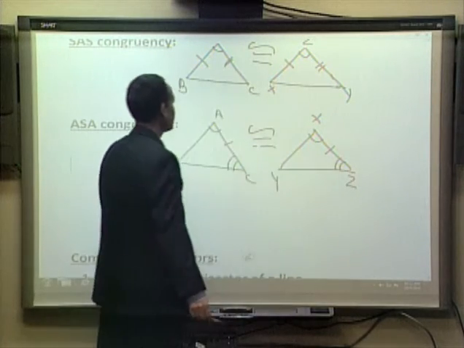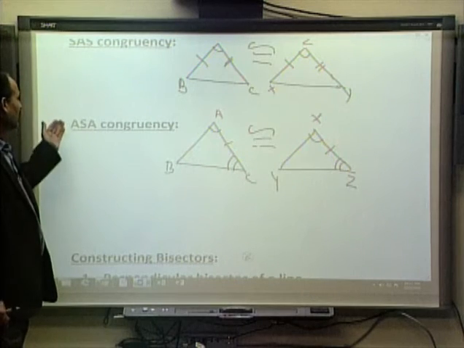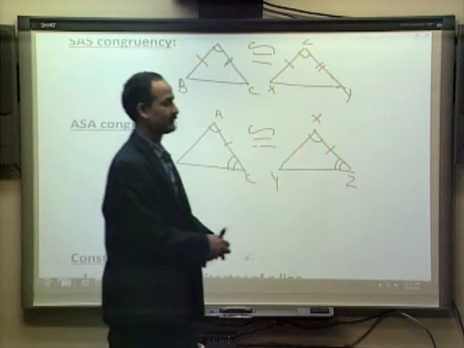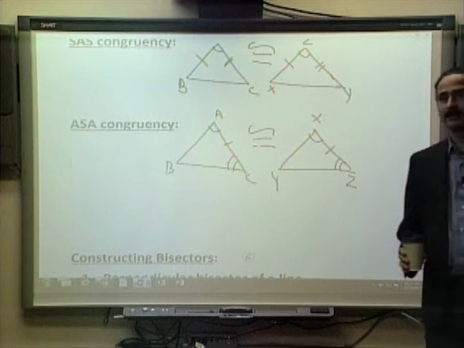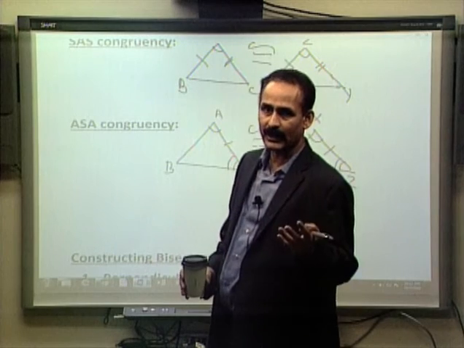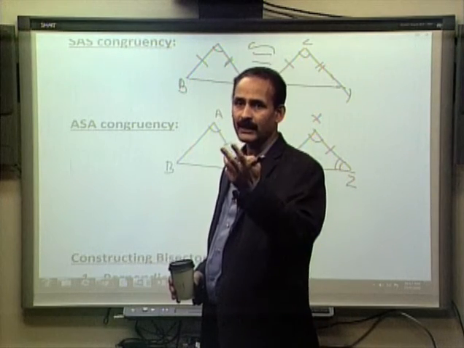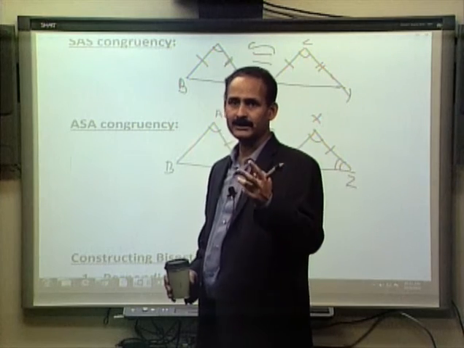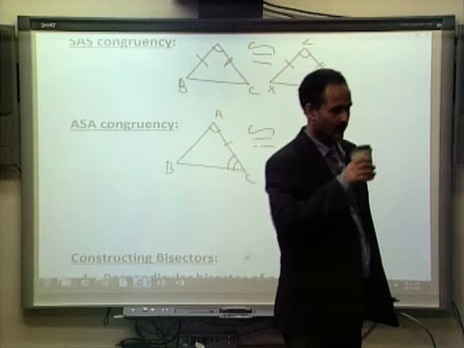This congruency rule is called ASA congruency. Okay, so we have three different rules of congruency: SSS, all three sides; SAS, two sides and the angle in between them; and ASA, two angles and the side in between them.